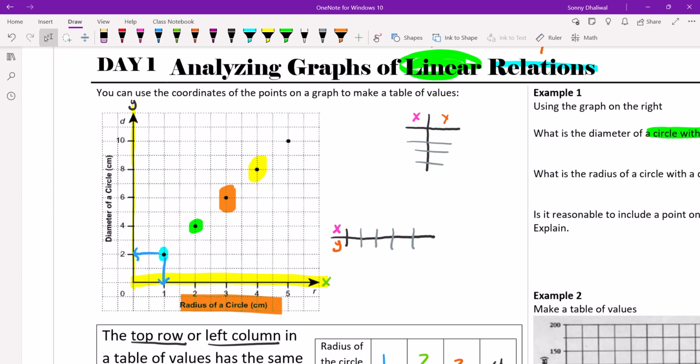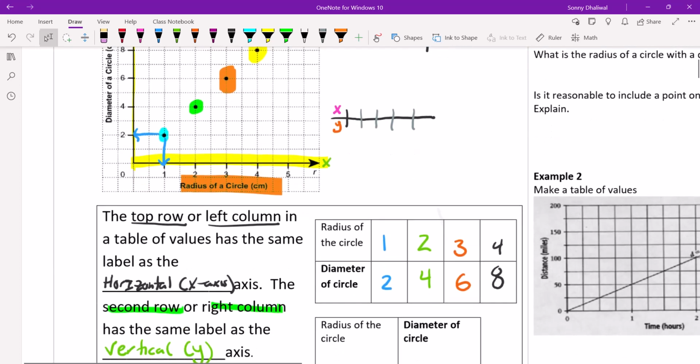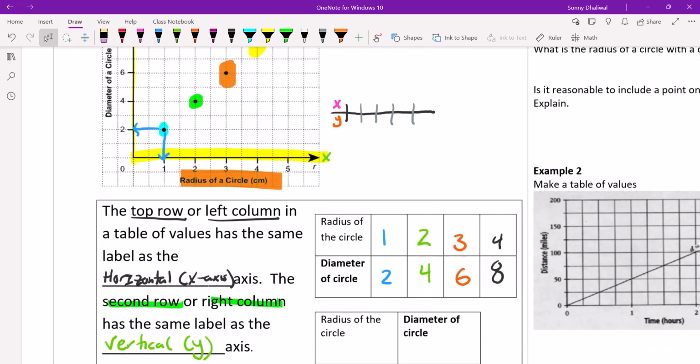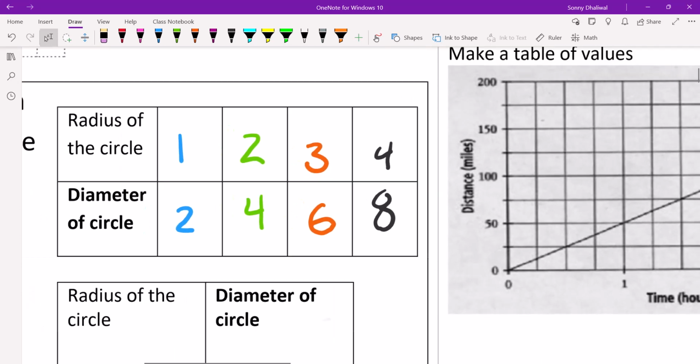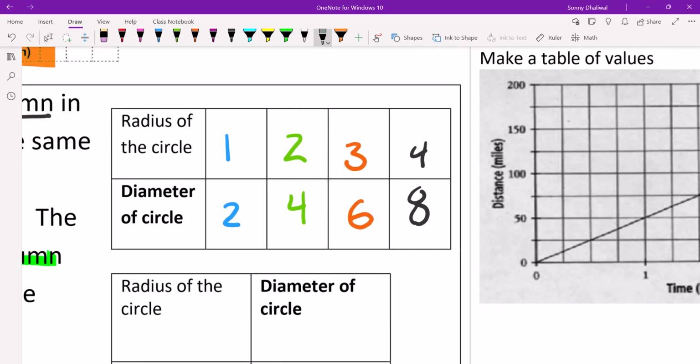But Sam, 16. And how do we know that? 8 times 2. And Alice, what did you notice? That the radius is half of the diameter. So, or multiply by 2. Yeah. So Alice noticed this and Sam noticed this, that the relationship between these two is that one's double the other or half of the other, however you want to look at it.